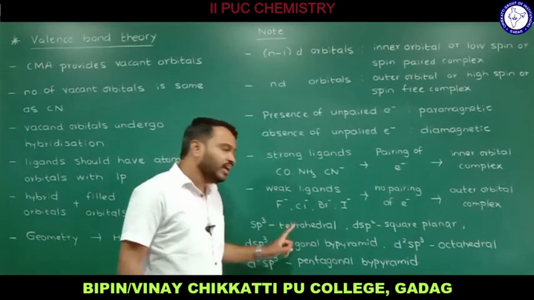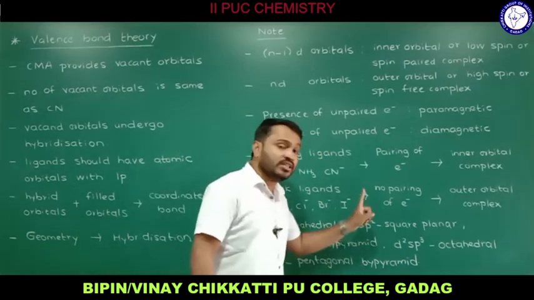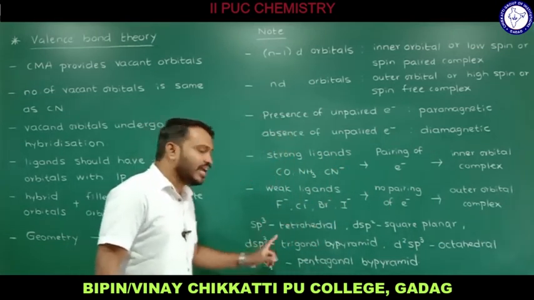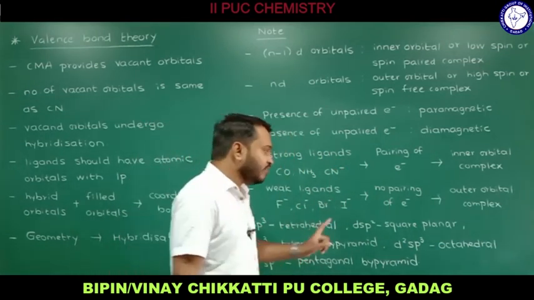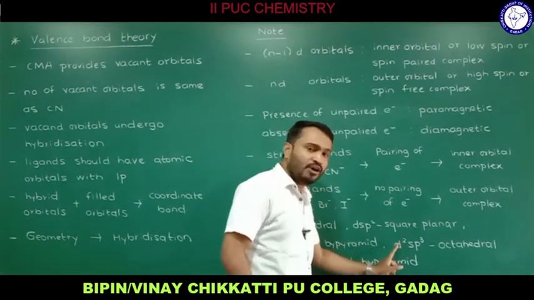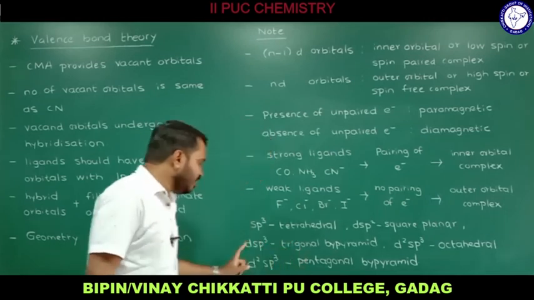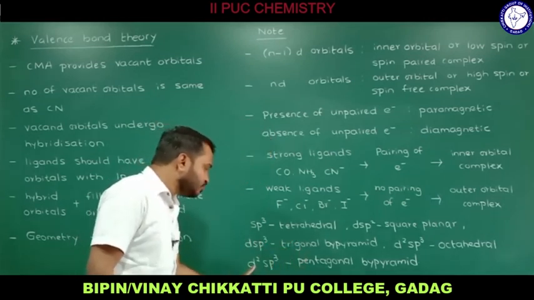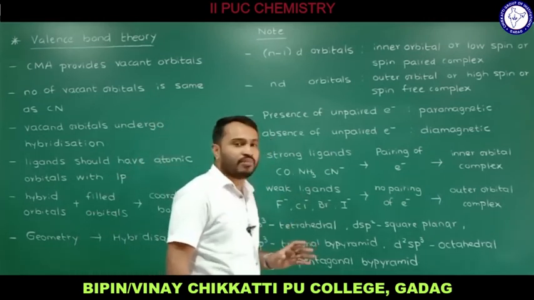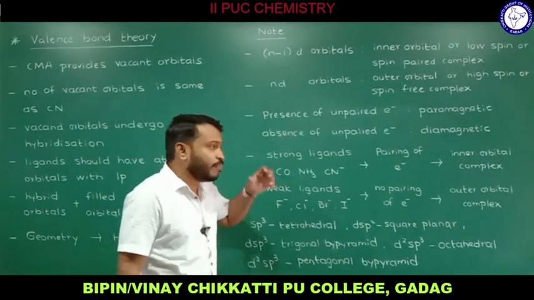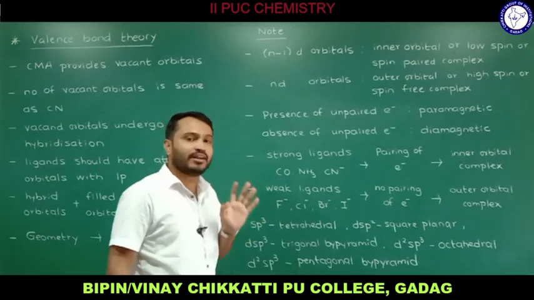If it is dsp2, square planar geometry. If it is dsp3, trigonal bipyramidal. If it is d2sp3 or sp3d2, we observe octahedral geometry. If it is sp3d3, pentagonal bipyramidal geometry. You need to remember this directly so that we can predict the geometry of the complex directly.